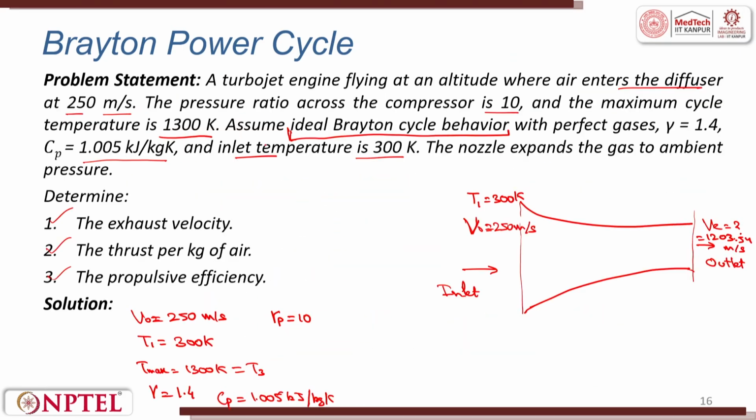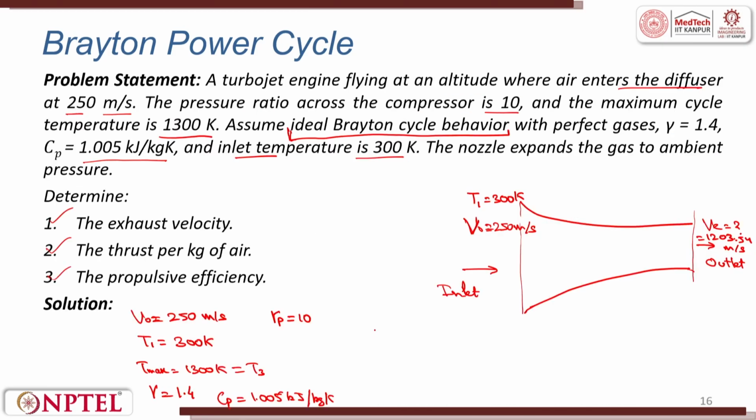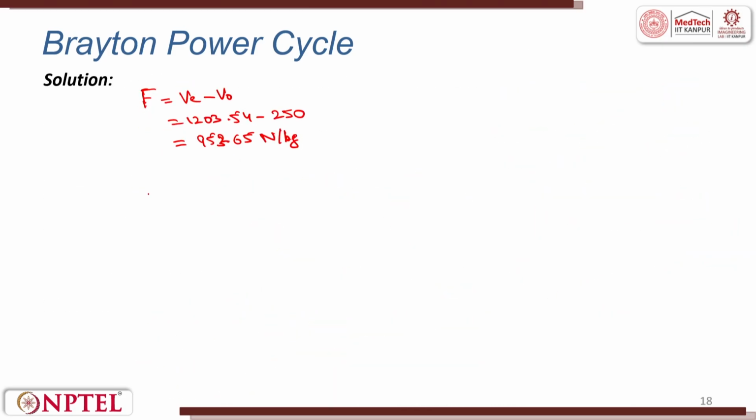Next, it is asked what is the propulsive efficiency. For the propulsive efficiency, we will use this relation. Eta propulsive is equal to 2 V naught by Ve plus V naught.